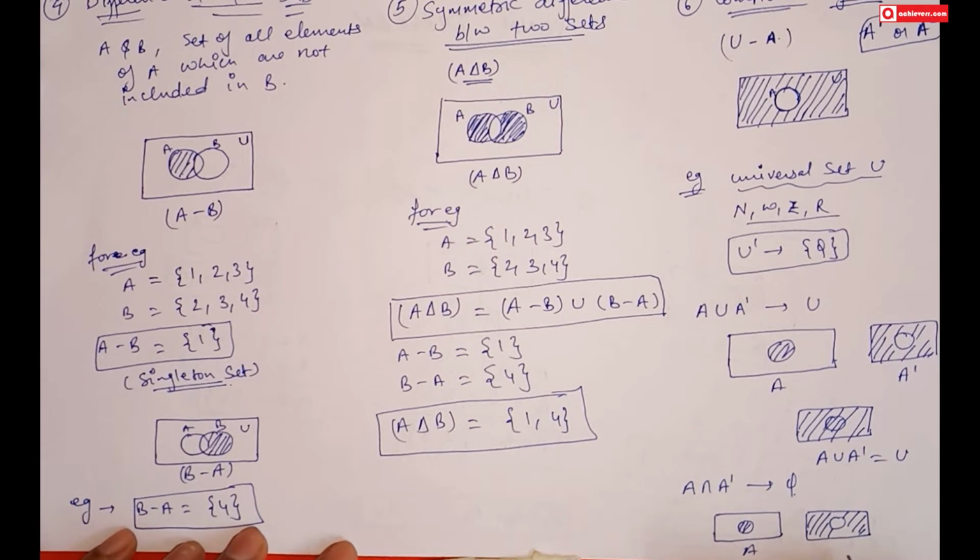Intersection is just the common portion between the two sets. So what is common in A and A complement? There is nothing common in it. So what will be the intersection? The intersection will be phi. So A intersection A bar will be phi.